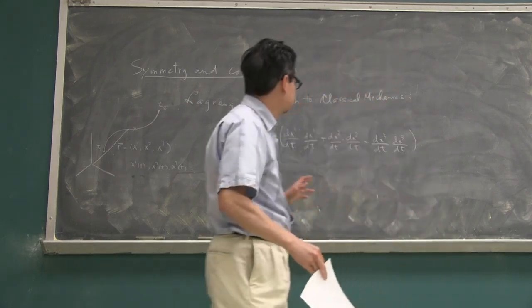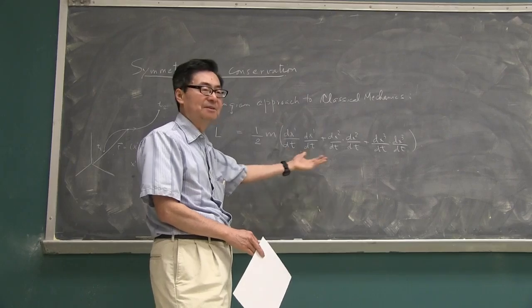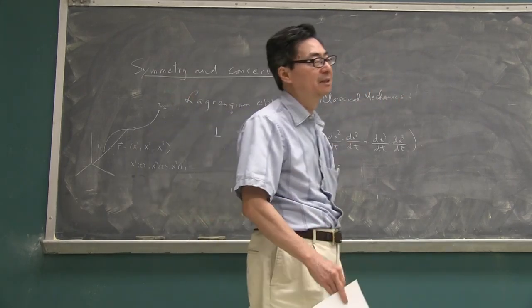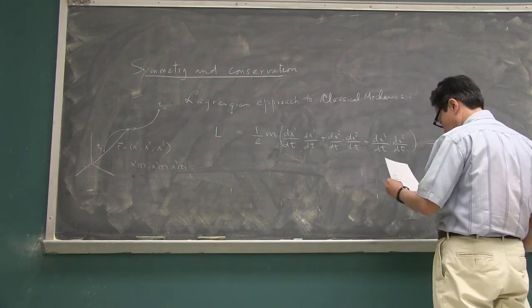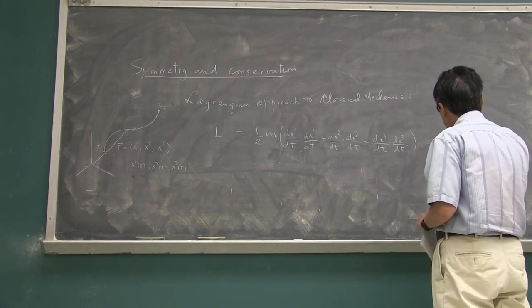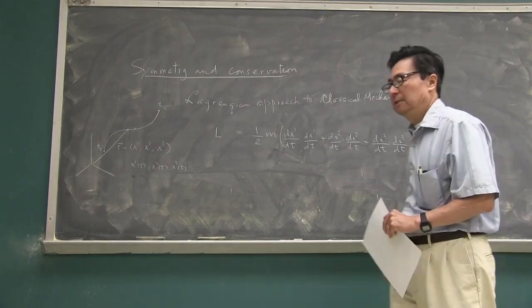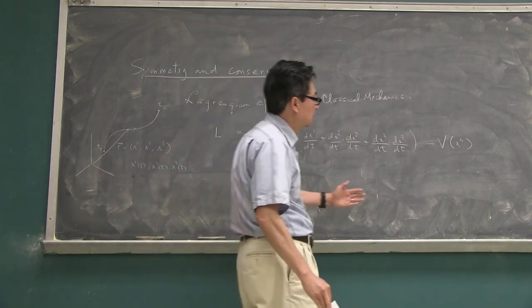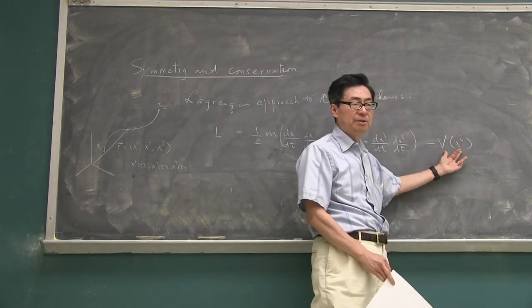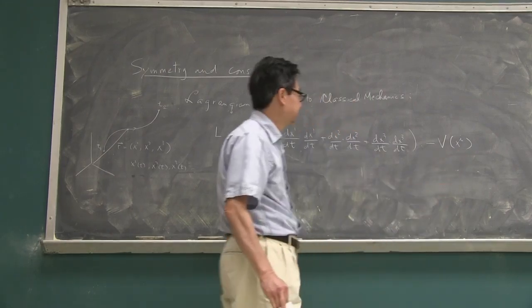V itself is dxi/dt, so v dot v is just like this, according to the normal scalar product. Minus the potential energy. And the potential energy, in the case of conservative forces, is just a function of the various coordinates. It's not a function of time explicitly.